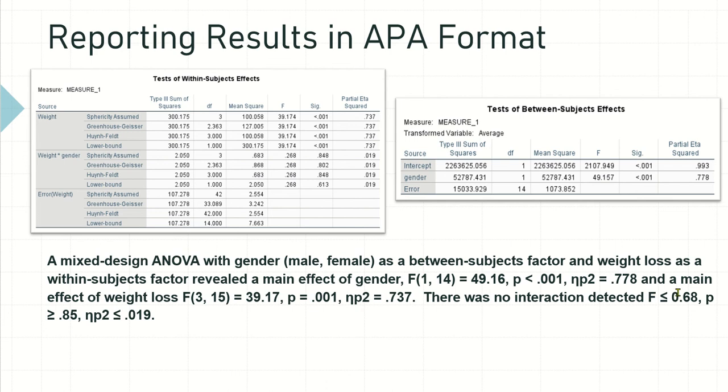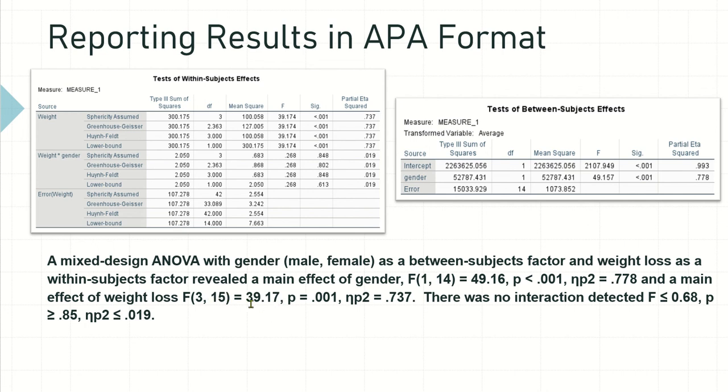And then you would continue for the next main effect and for weight loss, which was significant. And here we had 4 groups, so we were n minus 1 for that, but it's a within subject, so the total number of people is only minus 1 this time.